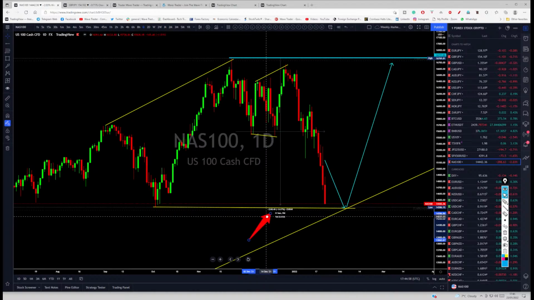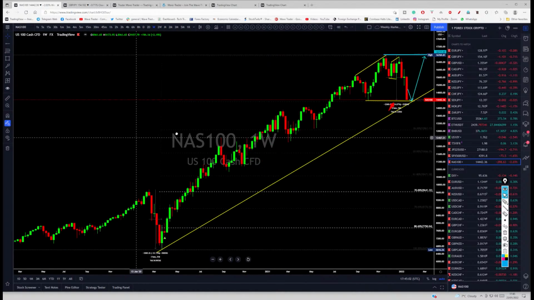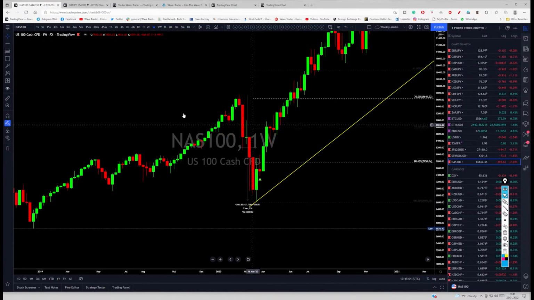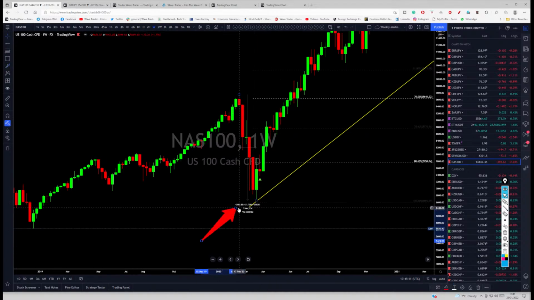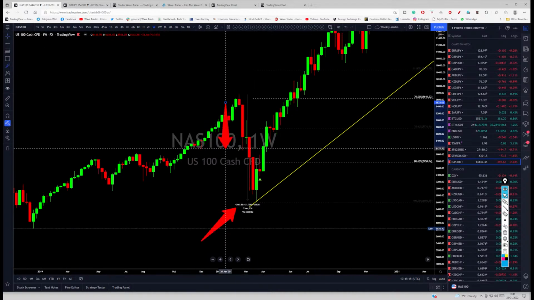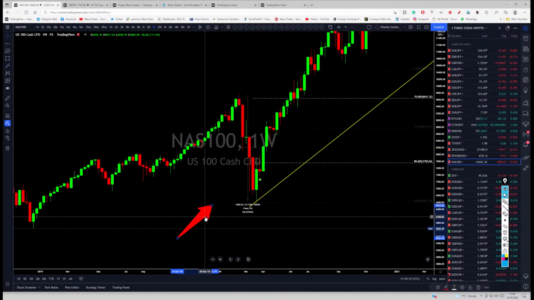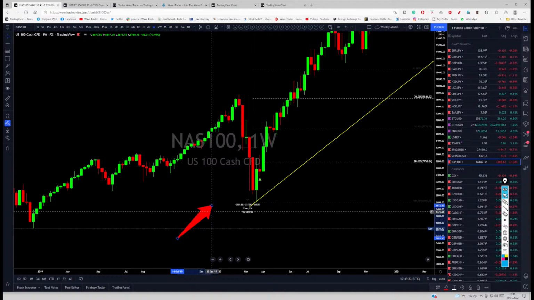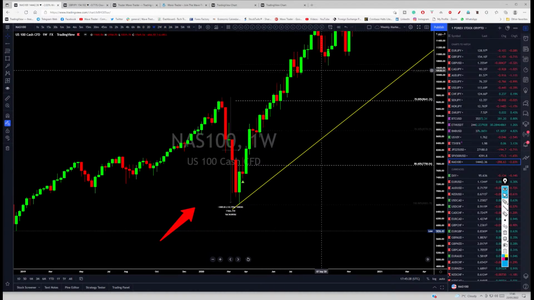So 2400 points. If I look at the crash we saw during the pandemic lockdown, it went up to 3000 points. After those 3000 points, we saw a tremendous reaction from the Fed. The Fed printed a lot of money after that, which caused this to continue going higher.